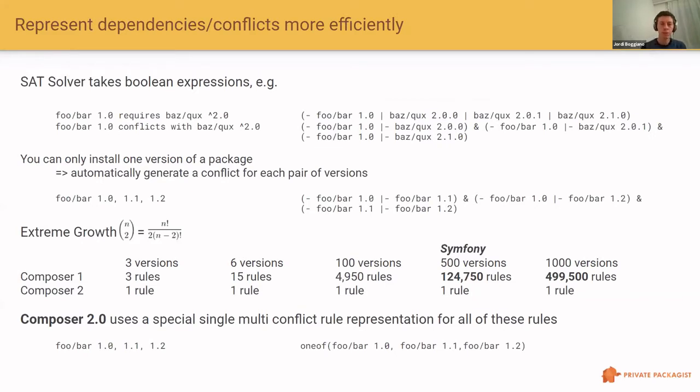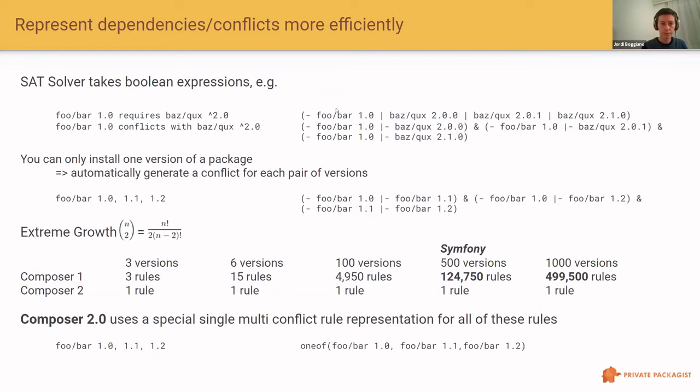So if we look a little bit more in detail at the SAT solver, the way it represents the dependencies and the conflicts is that it creates a set of Boolean expressions. In this first example, we have a package foobar 1.0, which requires bazcooks in version 2.0 or greater.